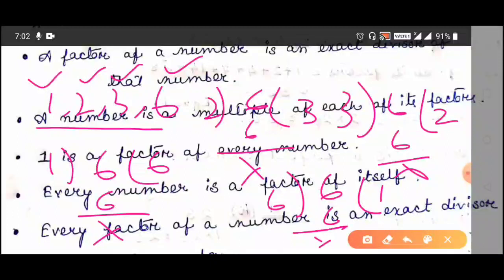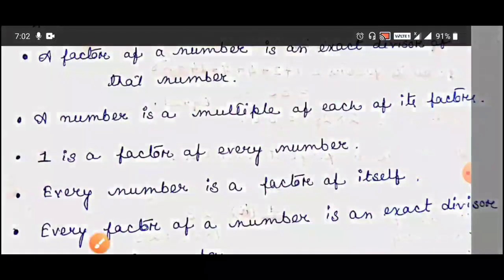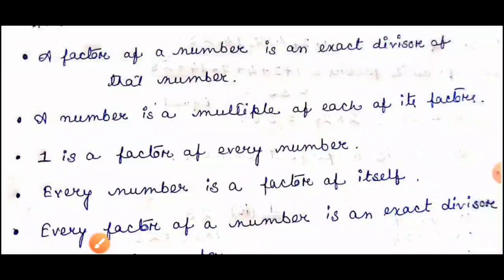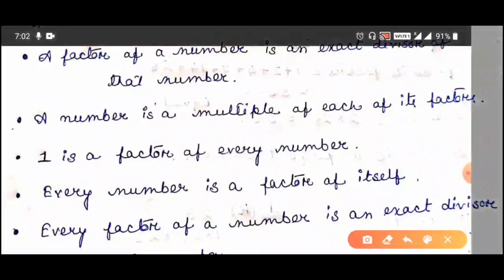Now see, every factor of 6 is an exact divisor of 6. So 1, 2, 3, 6, all four numbers are the factors of 6 and therefore they are the exact divisors of 6. So a factor of a number is an exact divisor of that number. The next point is: a number is a multiple of each of its factors.